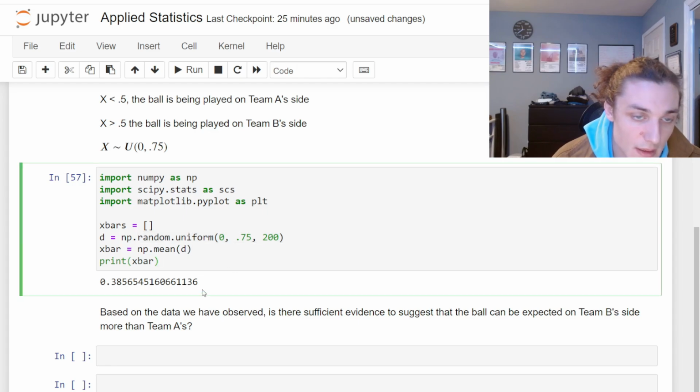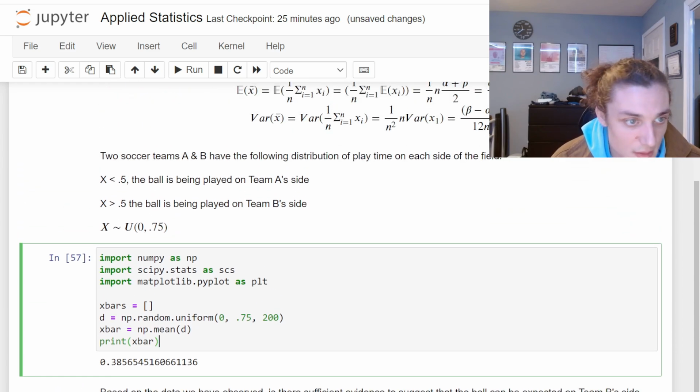So how do we construct this sort of approximate probability? Or essentially, how can we test this hypothesis?